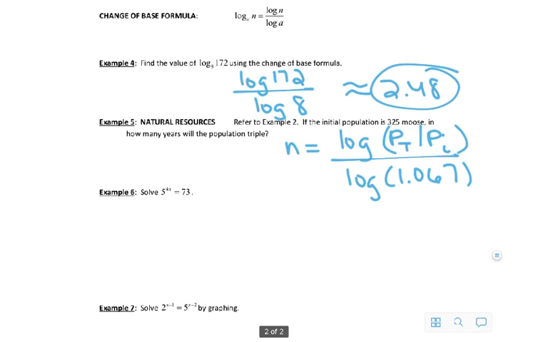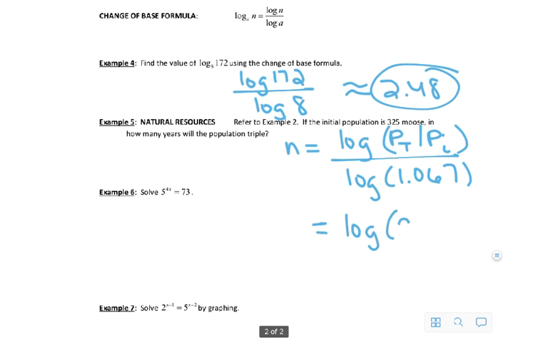It says, if the initial population was 325 moose, in how many years will the population triple? Well, they didn't give me the population today, but they want to know how long it'll take for the population to triple. To triple means to multiply by 3. That means that we're going to multiply 325 times 3, and we'll get 975.